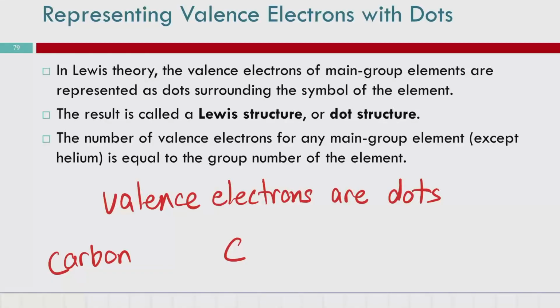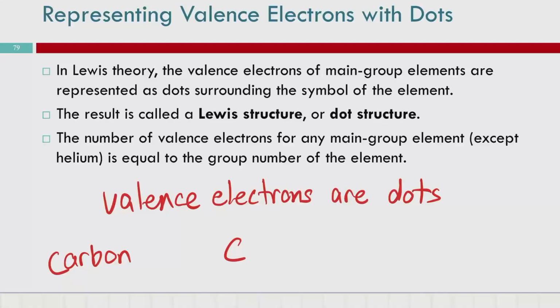Carbon has dots. How many valence electrons does carbon have? It has 4. Why? It's in the 4th column. So if we're counting over, starting from the left, in its row, we've got lithium, beryllium, skip over the transition metals, boron, carbon.